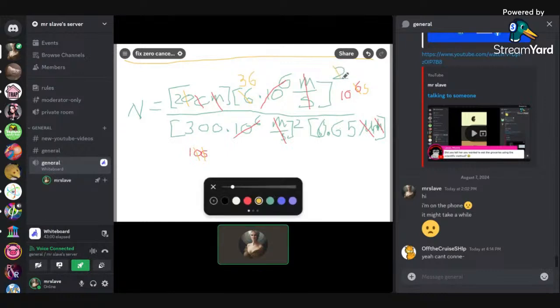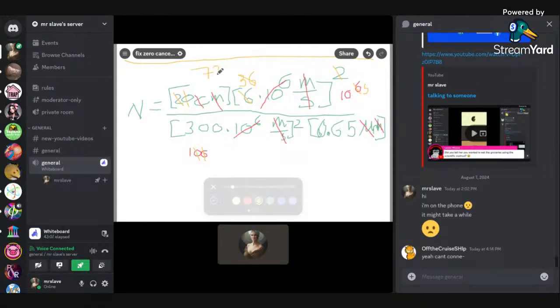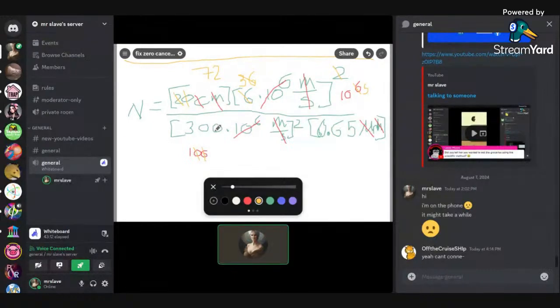And we're done with this thing. 36 times 2 is 72. So we have 100 squared is 4 zeros, and this is 5 zeros, so this is just 10. 3 squared is 9, so we have 9, and this is finished.